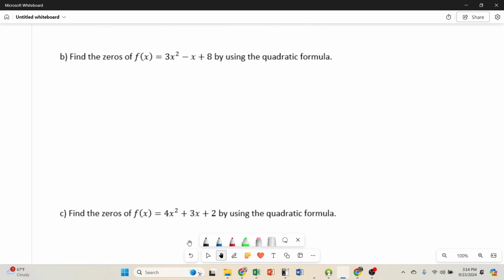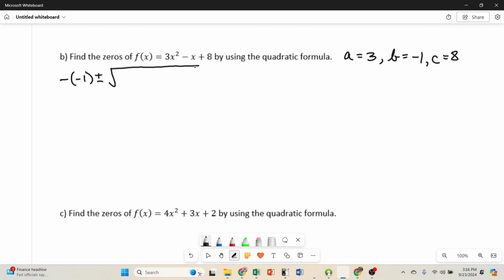All right, same situation again. A is 3. B is negative 1. C is 8. Okay, so let's plug it in. Negative B, negative 1, plus or minus the square root. It's always the same thing.